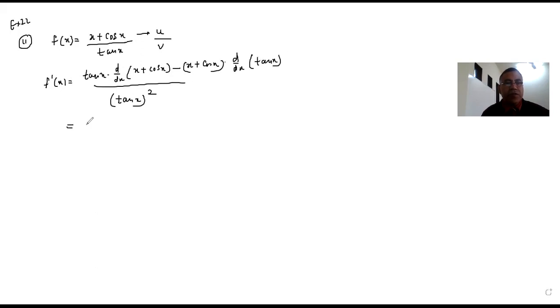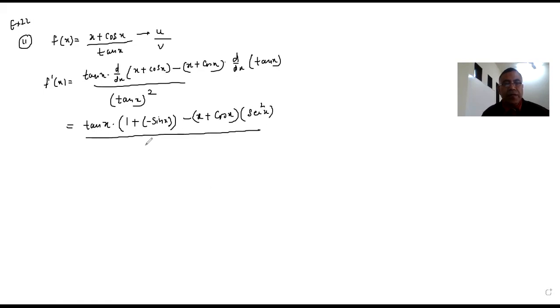So which is equal to tan x as it is, derivative of x is 1, derivative of cos x is minus sin x, minus (x plus cos x) as it is, derivative of tan x is secant square x, tan square x as it is. Now multiply and solve it.